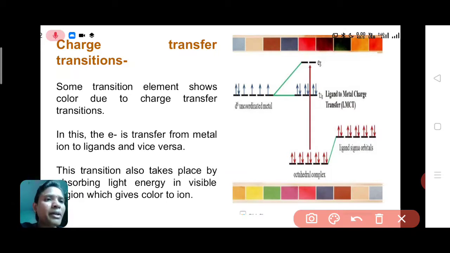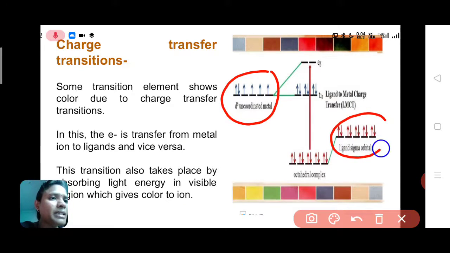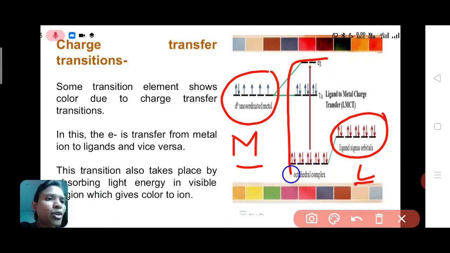When any complex compound is formed, there is a requirement of electrons of the metal and electrons from the ligands. This side is for ligand and this side is for metals. When there is bonding between metal and ligand, molecular orbitals are formed. These central ones are molecular orbitals; these are atomic orbitals and these are molecular orbitals.